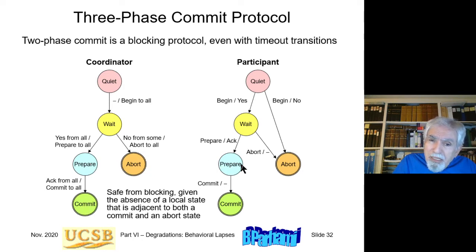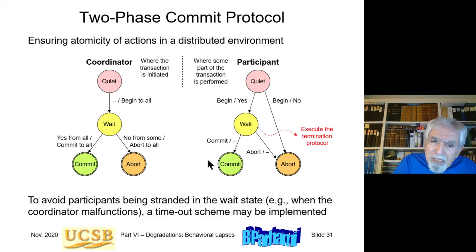Okay, and this prepare state provides a sort of buffer. You know, the problem with the previous scheme was that a participant that is in the wait state can eventually commit or abort. There's no way for it to know ahead of time whether it will be aborting or committing. It depends on information received from the coordinator.